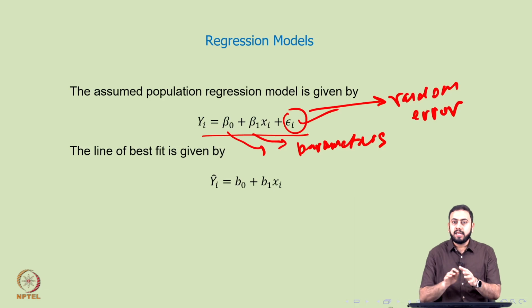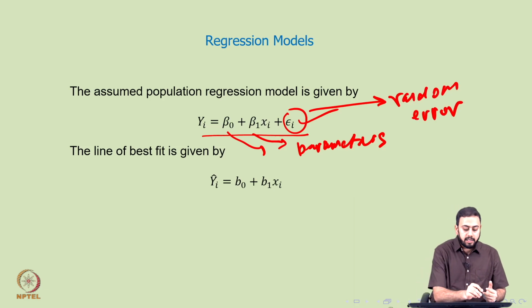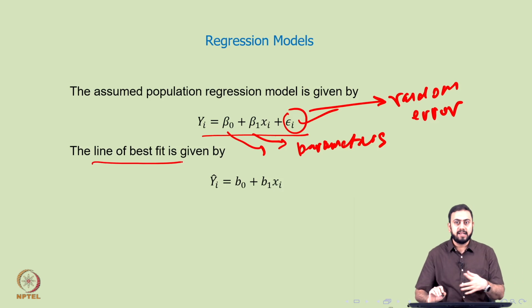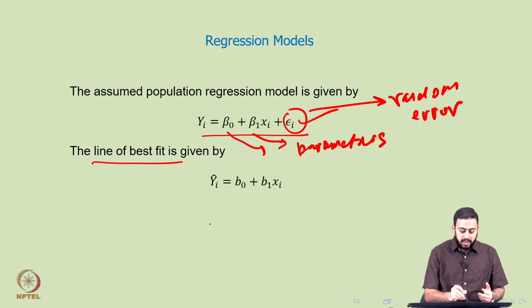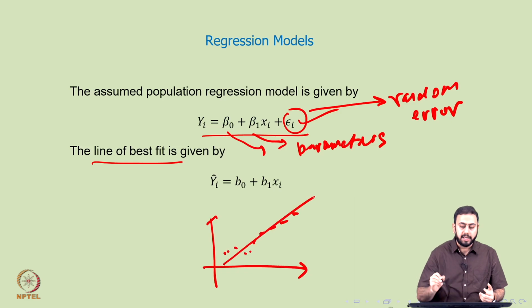Now assuming you fitted the regression model, the line of best fit. What is the line of best fit? If you go back to all the examples you've seen, be it cancer mortality rate or heights versus weight, in every scatter plot you've seen a straight line, isn't it?